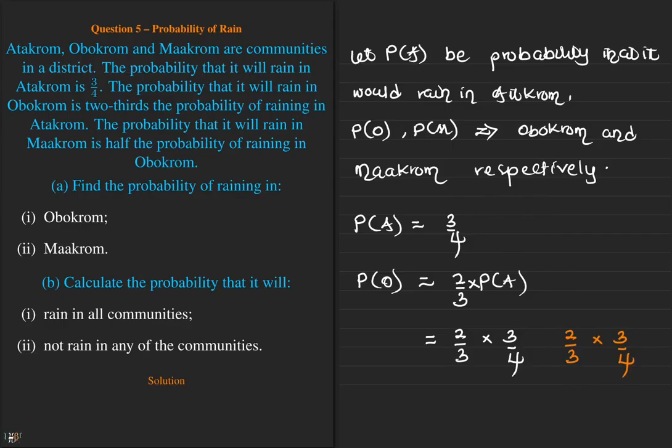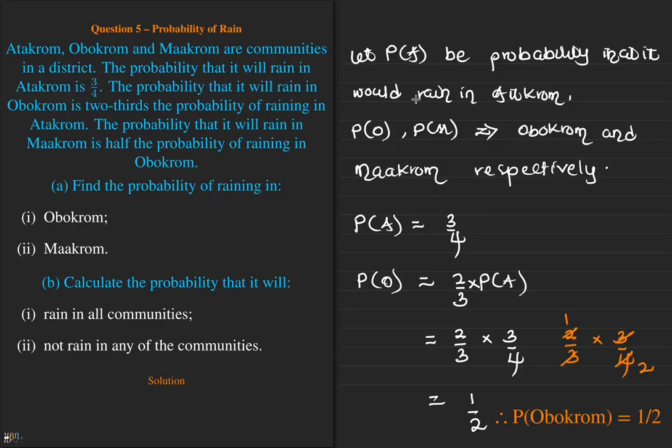The 3 cancels out this 3, and 2 into itself once, into 4 twice. Hence, we have 1 times 1, which is 1, and 1 times 2, which gives us 2. Hence, the probability that it rains in Obokrom is simply 1 over 2. And that is all. The first question is answered.